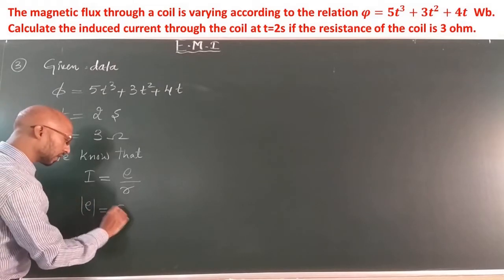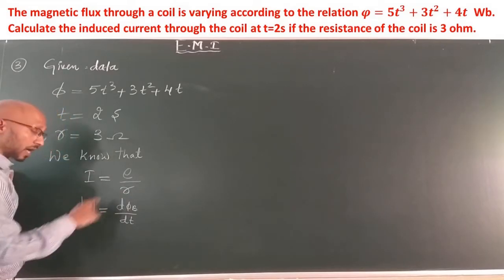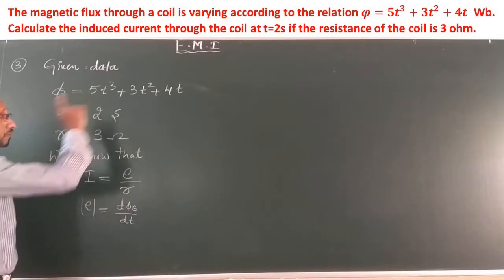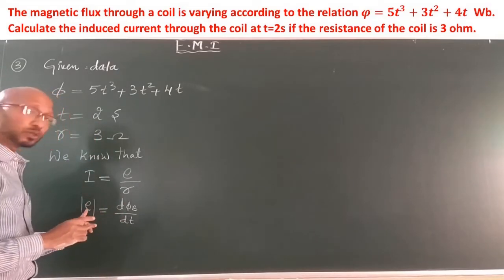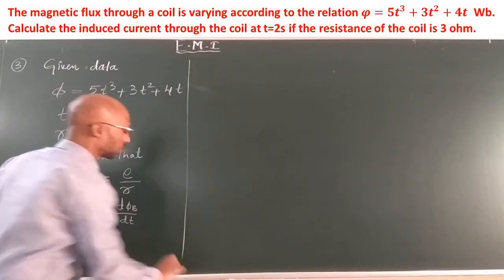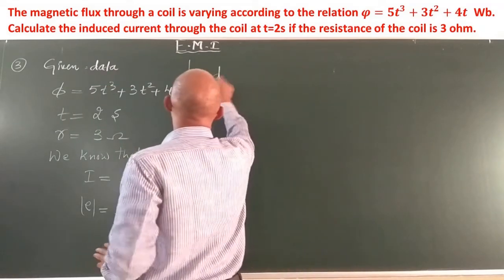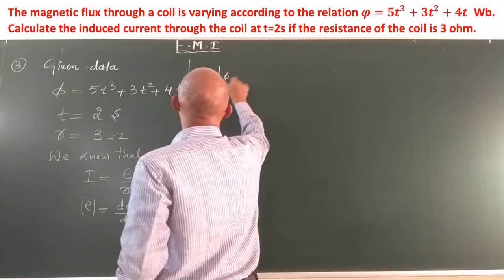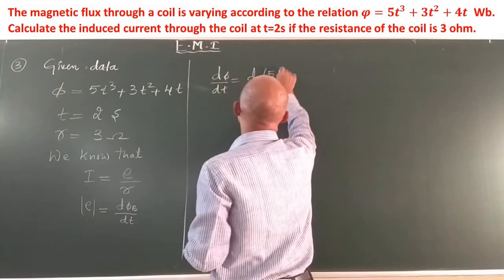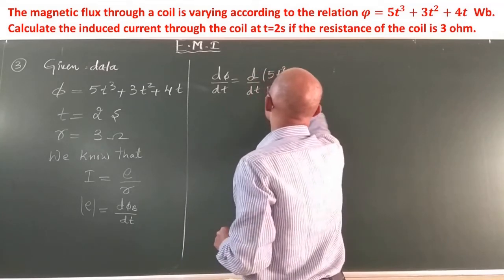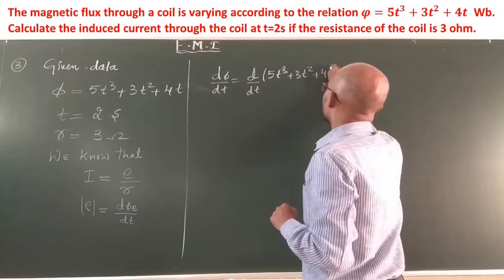Now what is the change? d phi B by dt. First I have to differentiate this flux with respect to time, then I put in the time value, and you can easily get the induced EMF. I know how the flux is changing with time. So d phi by dt is d by dt of 5t cube plus 3t square plus 4t.